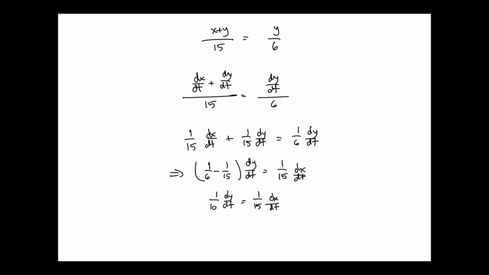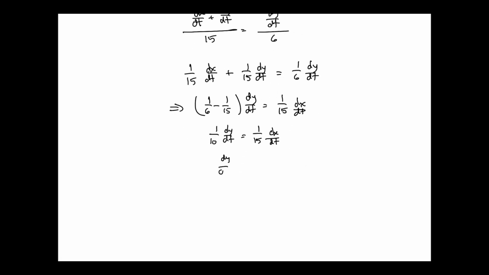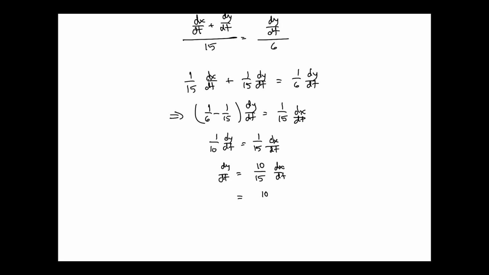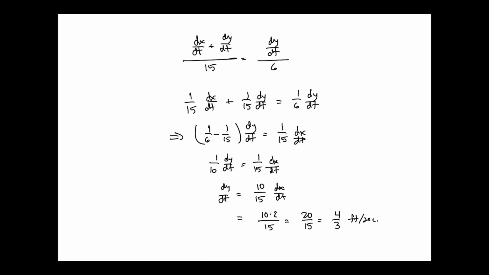Multiply by 10. And then at the moment of time that we're interested in, what was dx/dt? It's 2, okay? So, yeah, 4/3 feet per second, okay? Does that number seem reasonable?